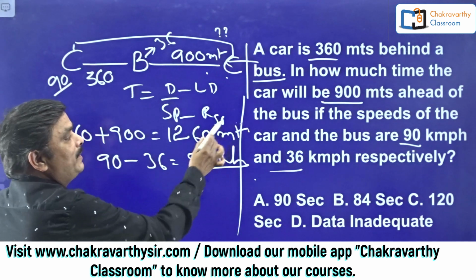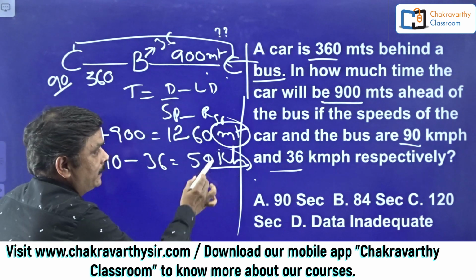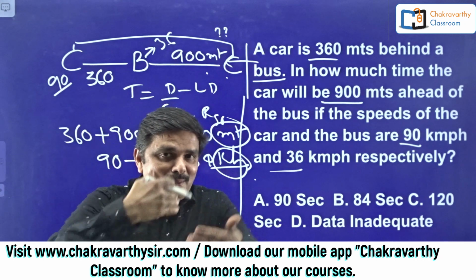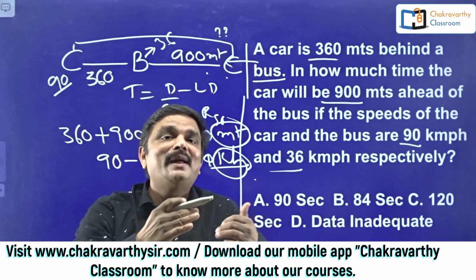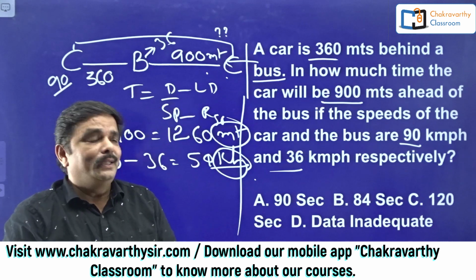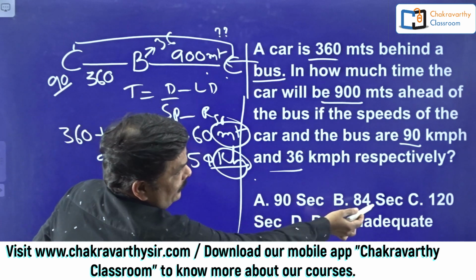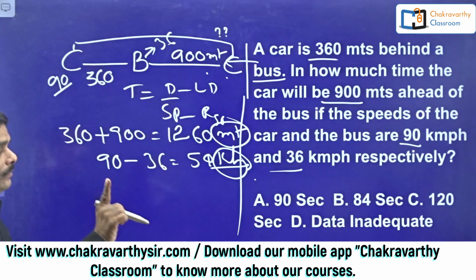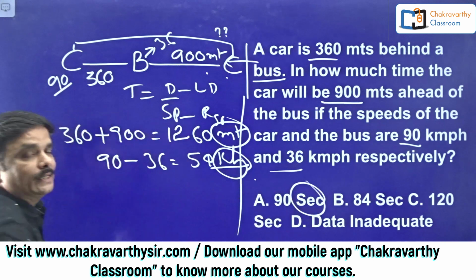Here this is in meters, but this is in kilometers per hour. In which unit do I have to give the answer? Go for the options. In the options you see, this is 90 seconds, 84 seconds, 120 seconds and data inadequate. So this is based on seconds.